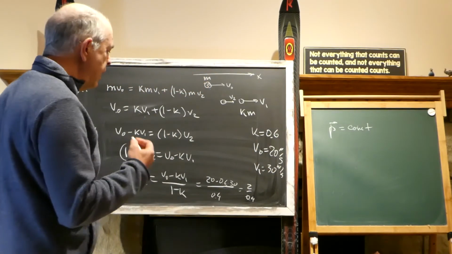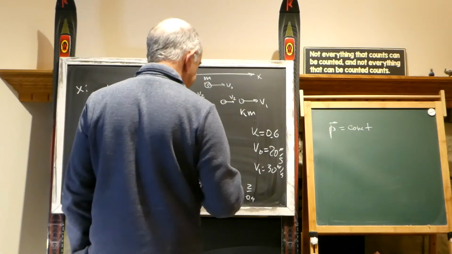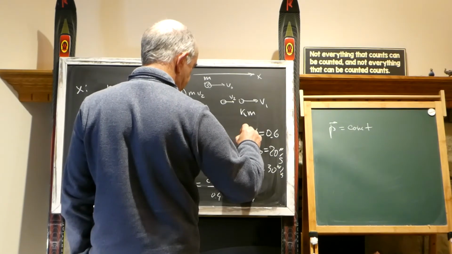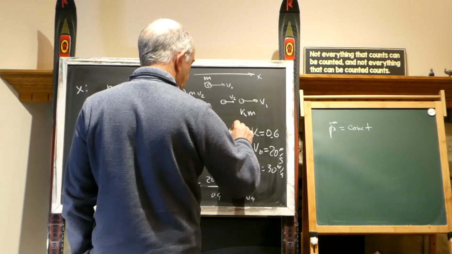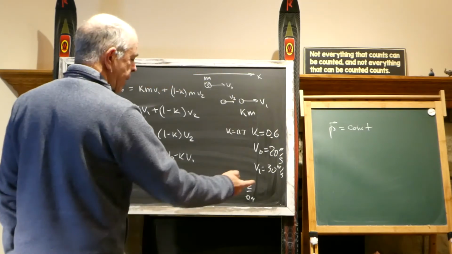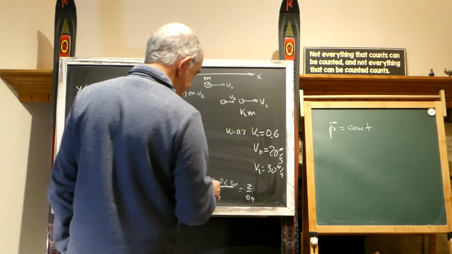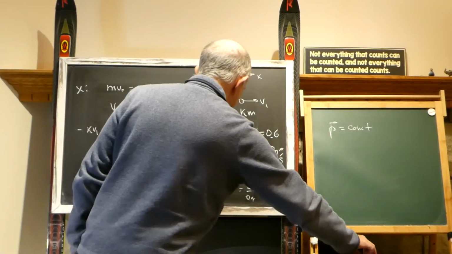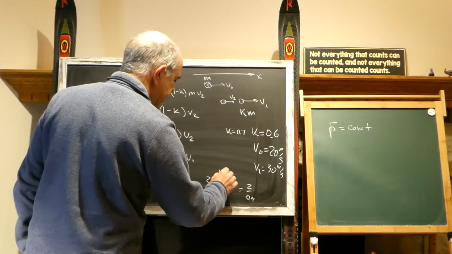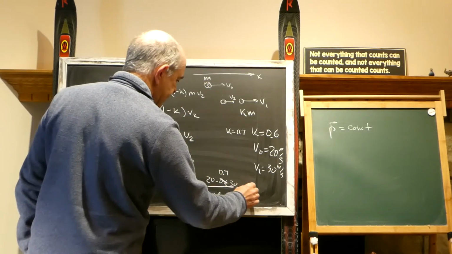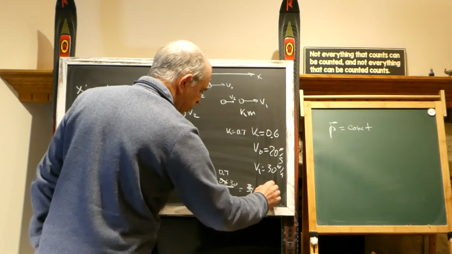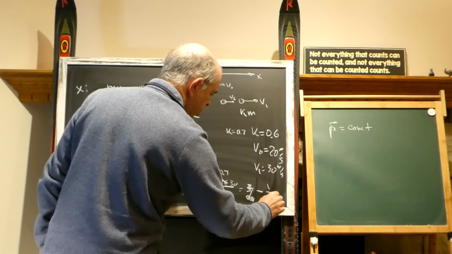What I'm trying to say here is that if the numbers would be, for example, k would be 0.7, and I'm leaving everything like this, then I can plug the same numbers here, and this would be 0.3, and this would be 0.7, and the result would be negative, because it would be minus, I will wipe it out, minus divided by 0.3.